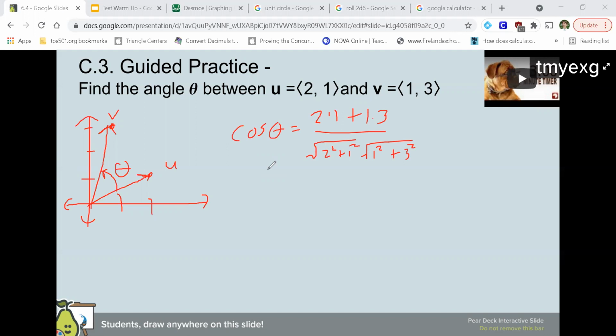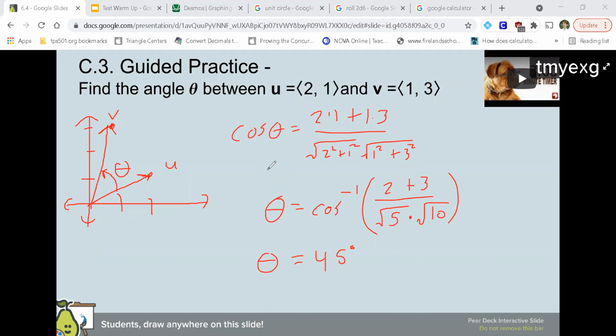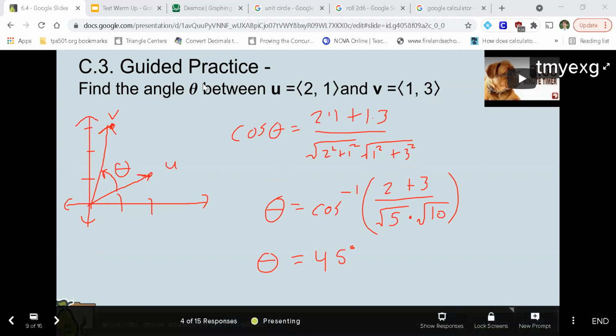And so if we do the cosine inverse of that, and you can't just type that whole thing into your calculator, but if you want to simplify it a little bit, that's 2 + 3 over the square root of 5 times the square root of 10. You should get the angle is exactly 45 degrees. Yay? Any questions about that?